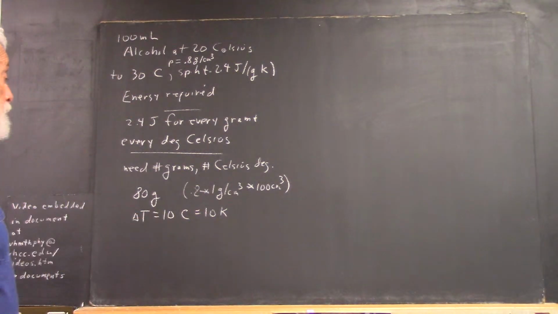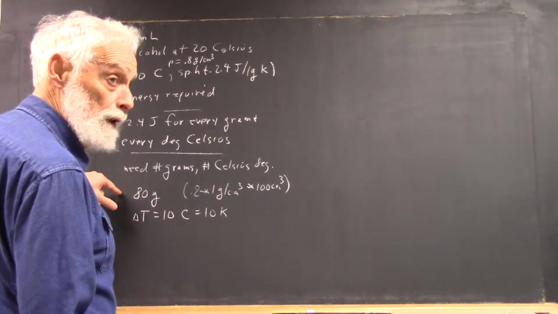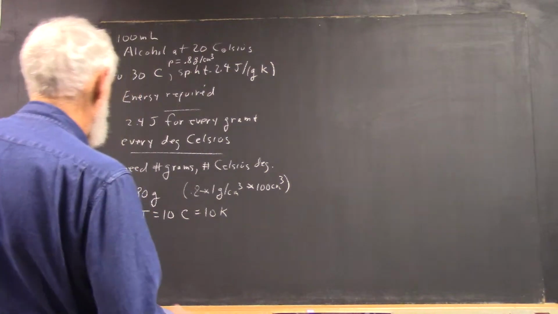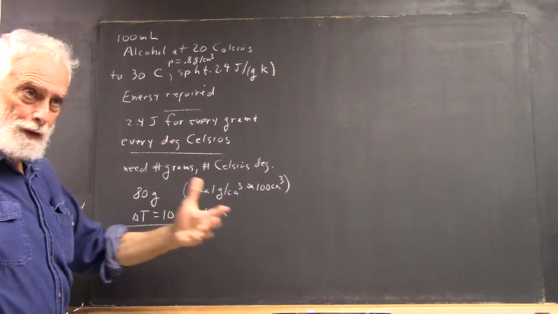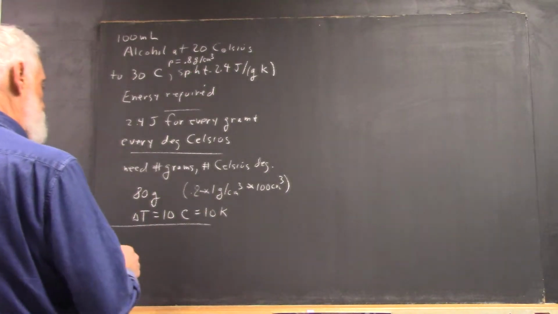Okay, so you got this. You got your temperature change, you got your number of grams, right? So I can reason this out in a couple of ways, and I'm going to do it in such a way as to understand.